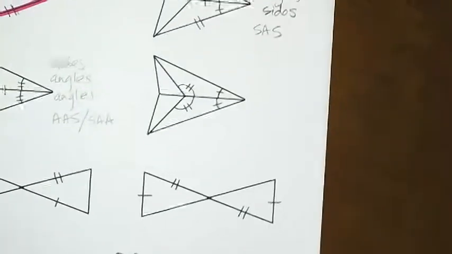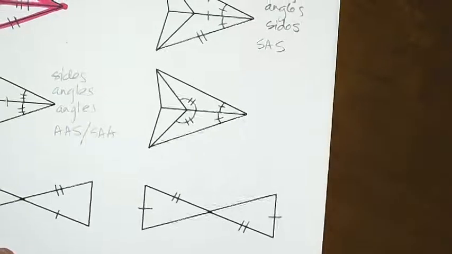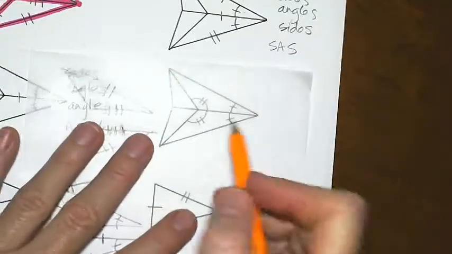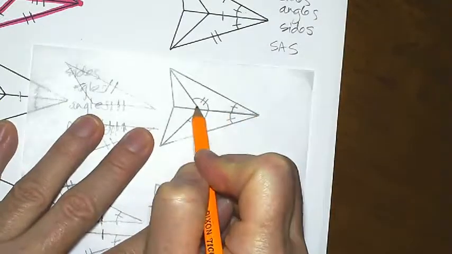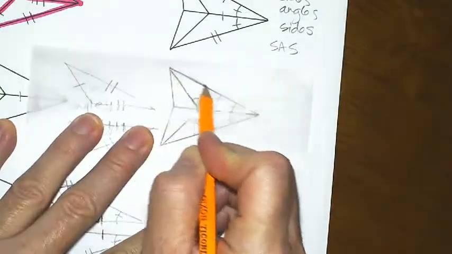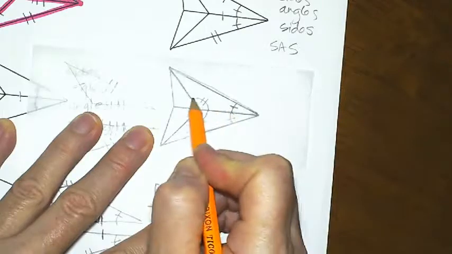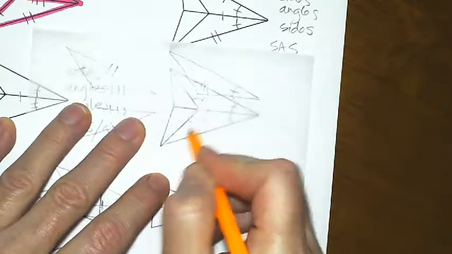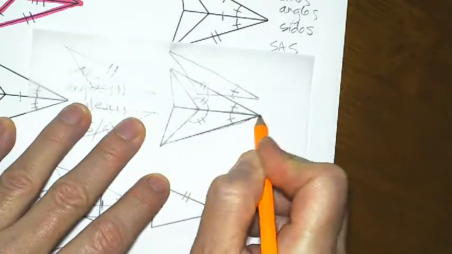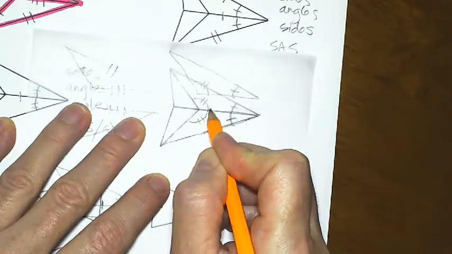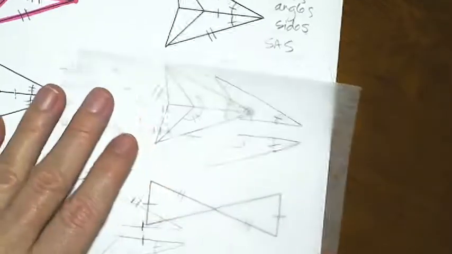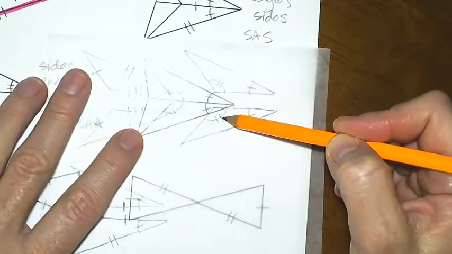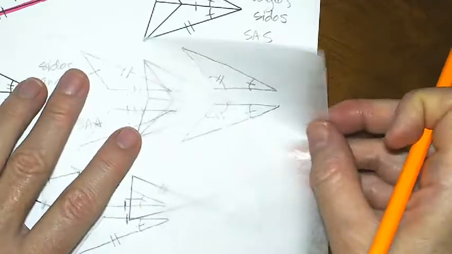Okay, next we have a pair of angles, an angle congruent to an angle.